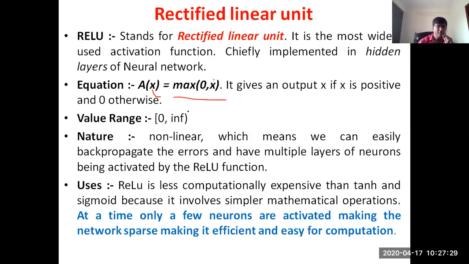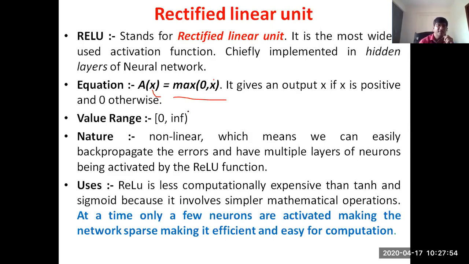So RELU is less computationally expensive as compared to its counterparts Tanh and sigmoid, because it only involves simple mathematical operations. And the most important point is that at any particular point of time, only a few neurons are activated, making the network sparse, more effective, and computationally less intensive.